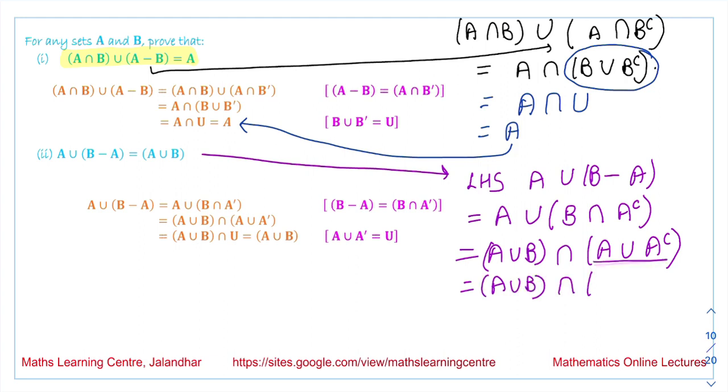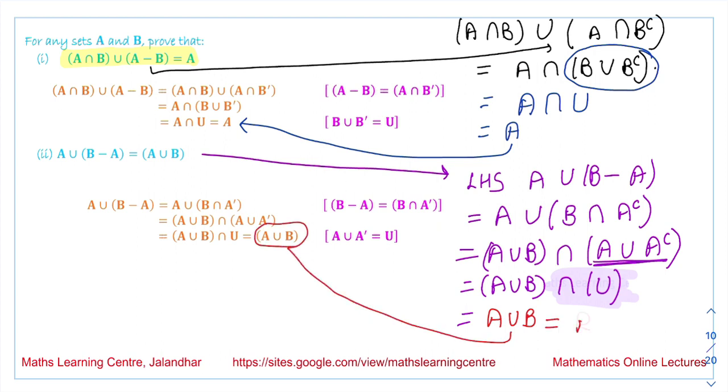What is A union A complement? That is equal to the universal set, and intersection with the universal set gives the set itself. So the answer we obtain is A union B, and that is equal to the right hand side.